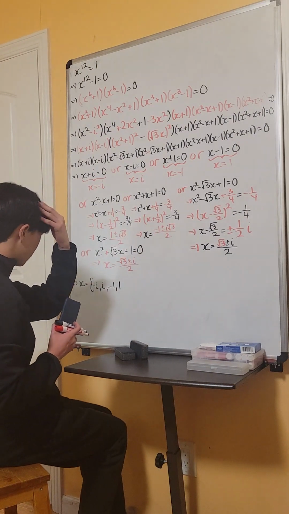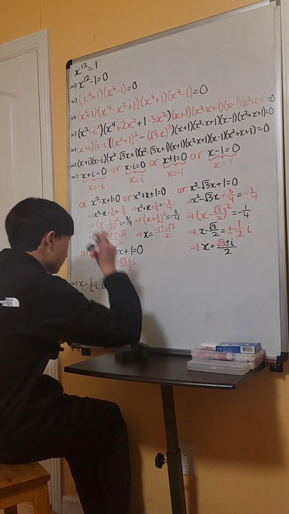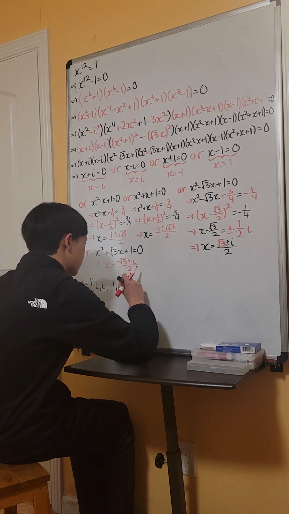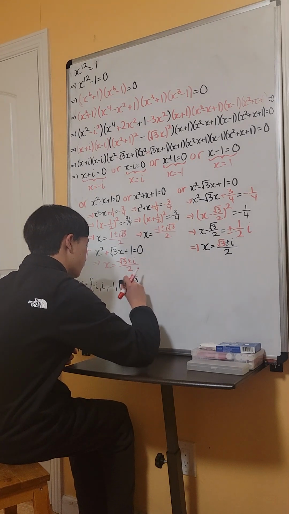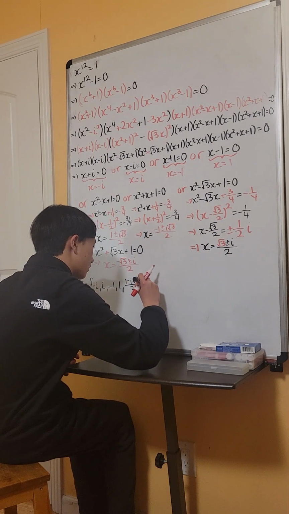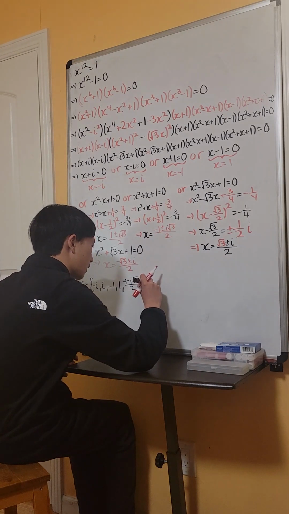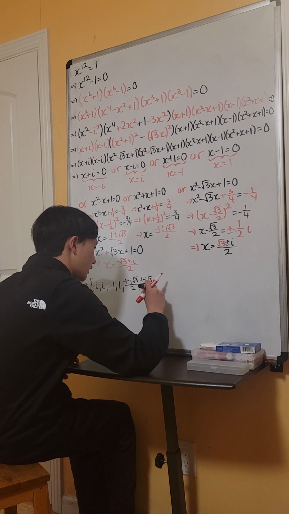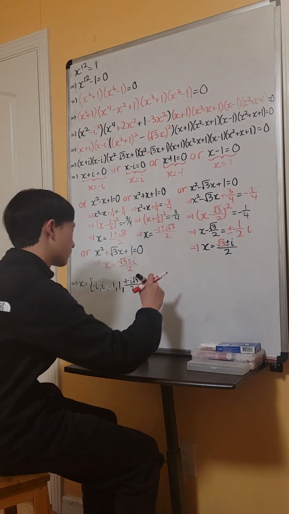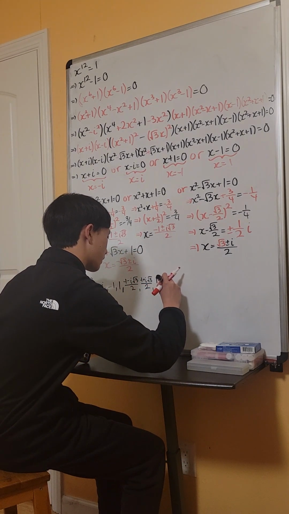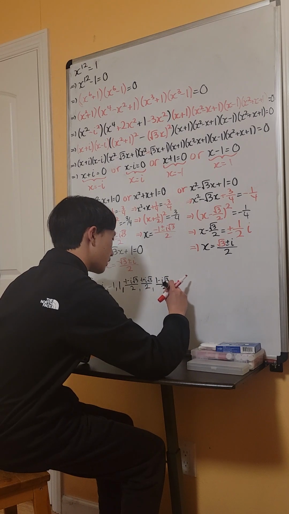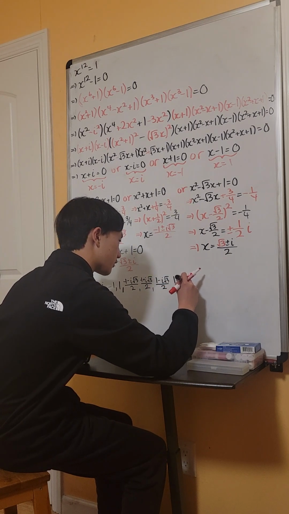Okay, so negative 1 minus i root 3 over 2. Negative 1, no, sorry, not negative 1, and then negative 1 plus i root 3 over 2. Then next up you have positive 1 minus i root 3 over 2. And then positive 1 plus i root 3 over 2.